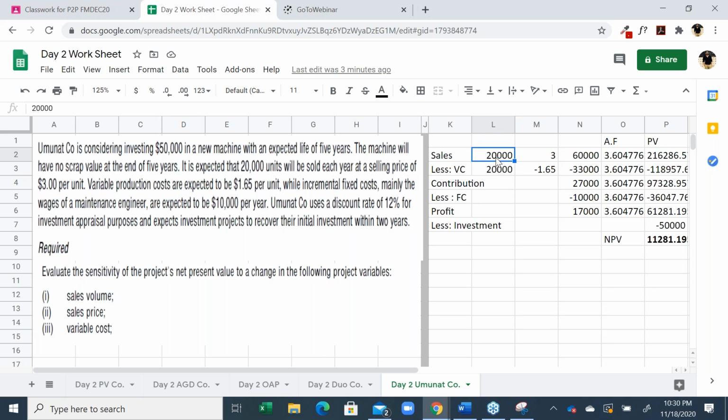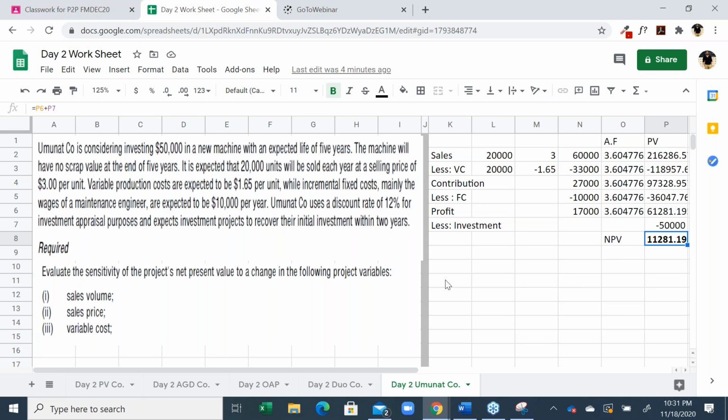We can only afford the change that will result in zero NPV, not more than that. So how are we going to find it in terms of percentage? If we find out the percentage decrease in sales volume that will result in zero NPV, that percentage is called the sensitivity of the project towards sales volume.